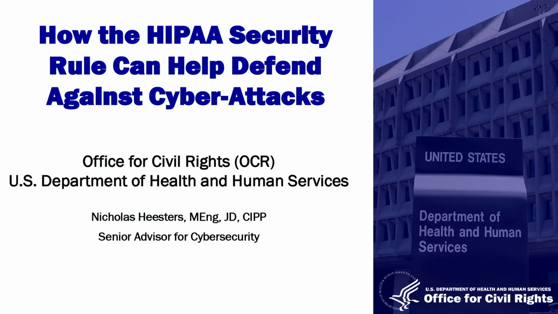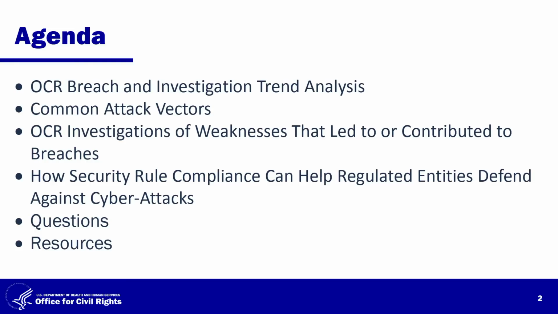Today, in observation of Cybersecurity Awareness Month, we will discuss how the HIPAA Security Rule can defend against cyber attacks. First, we will review the trends that OCR sees in large breaches that are reported annually to OCR.